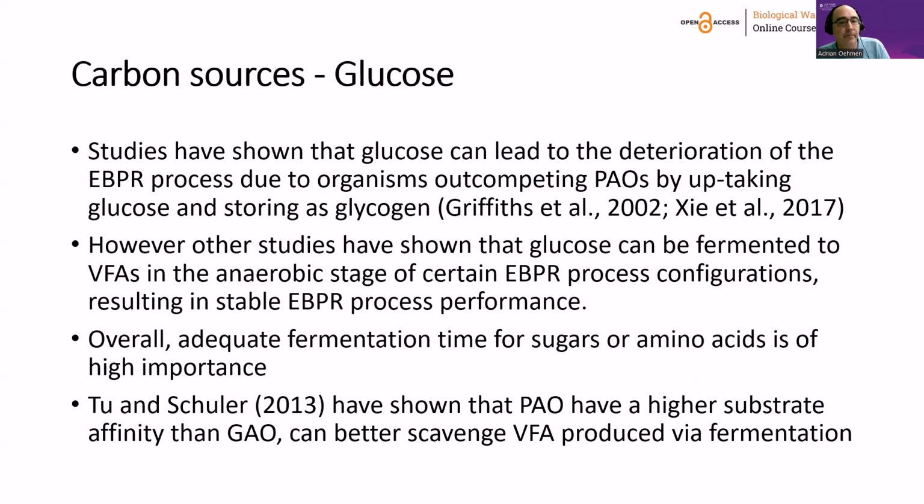So, in terms of other carbon sources like glucose, there's been a bit of contrasting messages within the literature, but there's reasons for that. Some studies have shown that glucose can lead to the deterioration of EBPR by organisms outcompeting PAOs, like GAOs specifically, through uptaking glucose and storing it as glycogen.